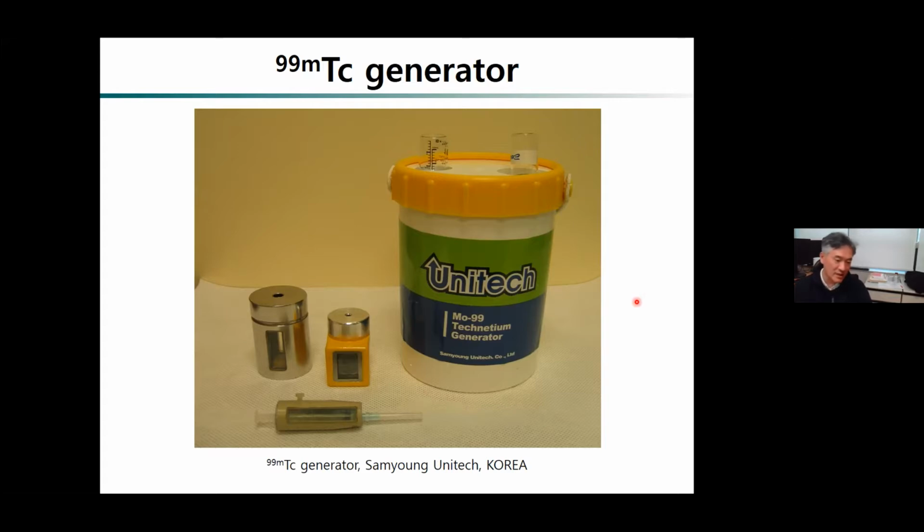This generator was developed by the Korean domestic company Samyang Unitech, and its price is almost half of the imported generators.